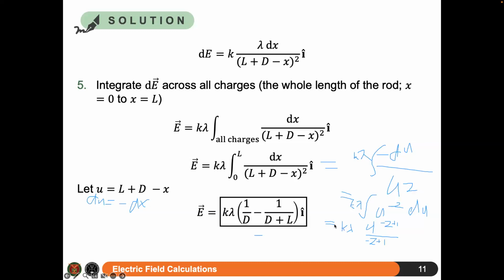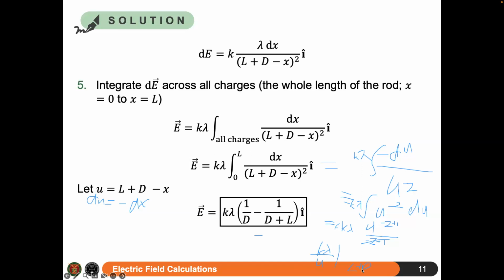Oh, you still have a negative outside. So you have negative k lambda, times negative 1. So this becomes positive. They cancel. So you are left with k lambda over u, evaluated from, if x equals 0, the one below earlier, then u equals L plus d.